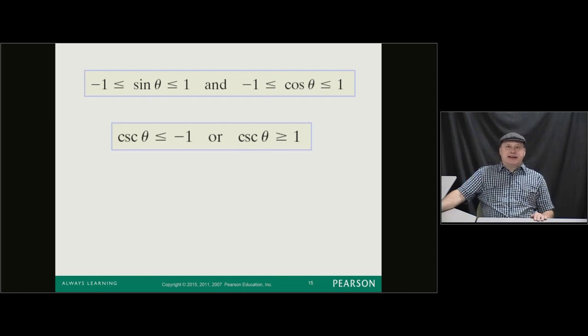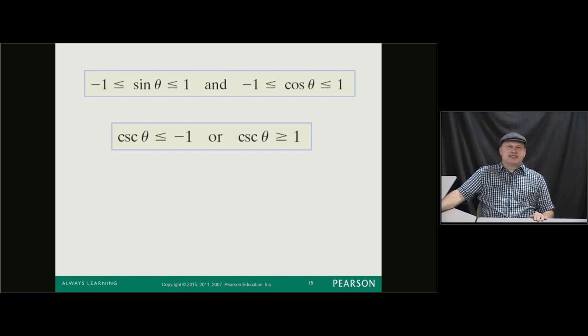Sine of theta could also be 1/10, and if it's 1/10, then the cosecant of theta would be 10, because it's the reciprocal. Notice it's getting bigger. So cosecant of theta is greater than or equal to 1, because it could be 1, it could be 2, it could be 10. It could get bigger and bigger as sine of theta gets closer to 0 from the right side.